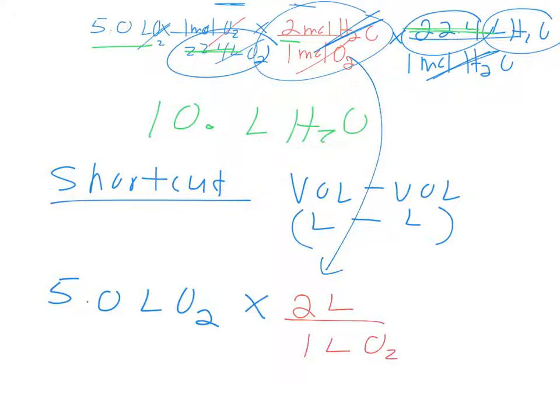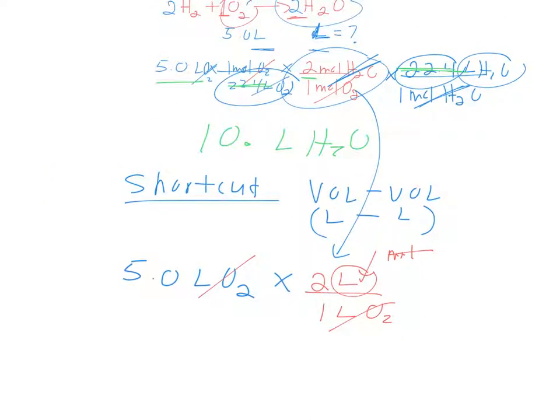So once again, instead of the word mole here, we have the unit liter. So the molar ratio becomes the liter ratio. In this problem, the shortcut is that it's just 5 times 2 over 1, or 10 liters of water, and you are finished. Remember, there is a special shortcut for volume problems.